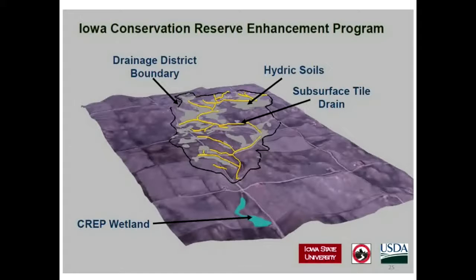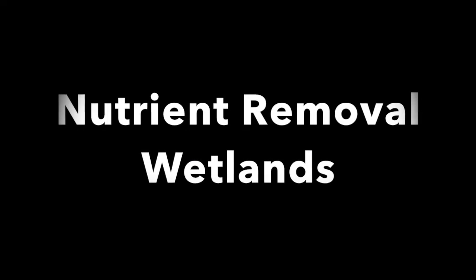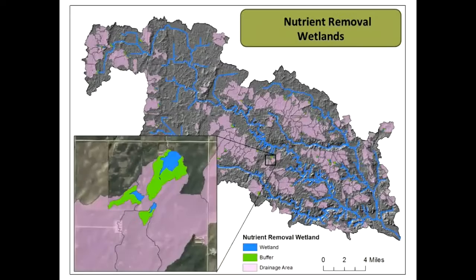It varies from year to year. And then looking at the South Fork of the Iowa River, these are the areas that could be serviced using a nutrient removal wetland that meets those criteria. Probably a little bit more than a third of this watershed could be serviced with nutrient reduction wetlands.